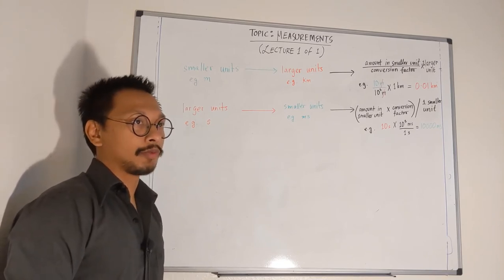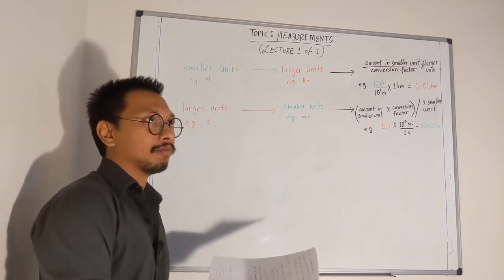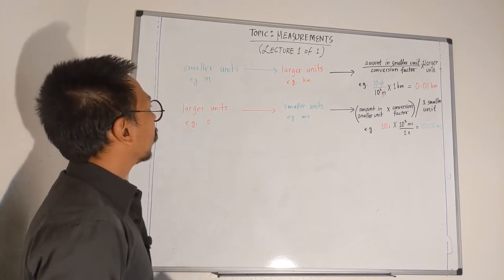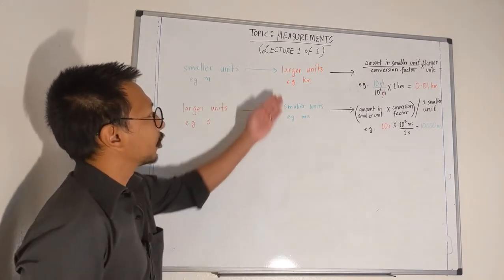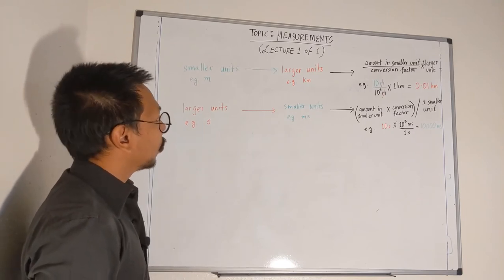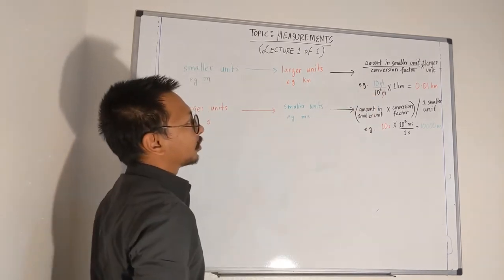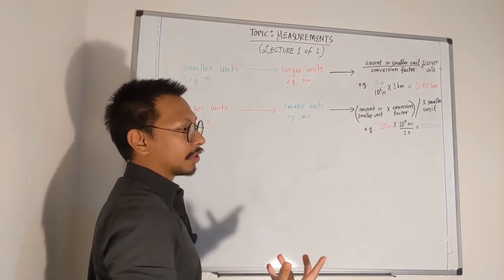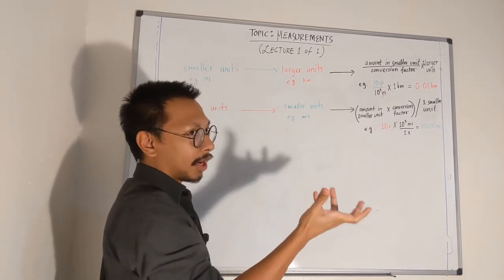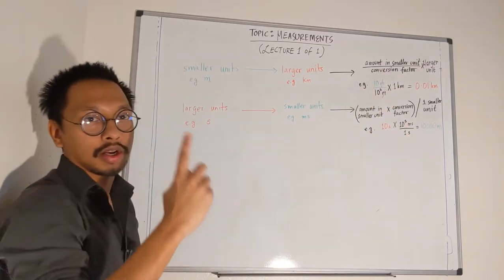Also, conversion between bigger and smaller units is important as well. For example, if you want to go from a smaller unit to a larger unit, then you would take the amount in smaller units, divide that by the conversion factor, and multiply that by one larger unit.